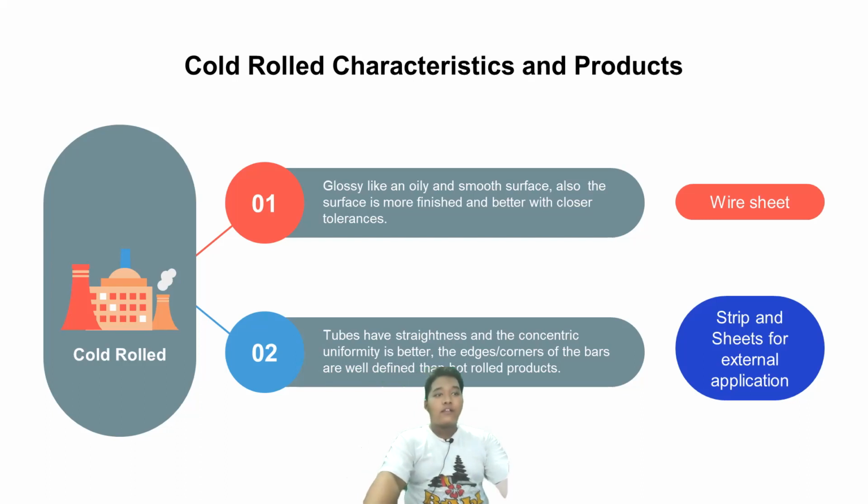And the second characteristic is that the tube has better straightness and uniformity. So the product will be straight and more uniform for the final product.